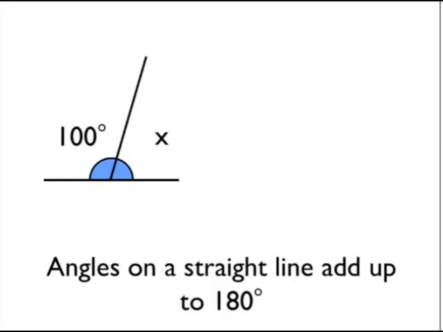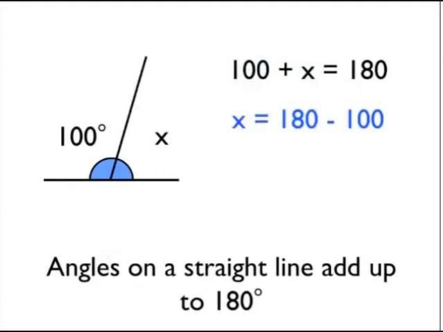Obtuse angle 100 degrees and an acute angle x are two angles on a straight line, so they must add up to 180 degrees. We find x. We say 100 plus x is equal to 180. Then x is equal to 180 minus 100, and x is equal to 80 degrees.